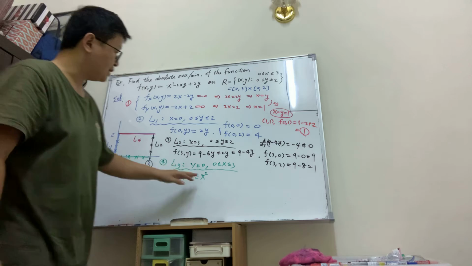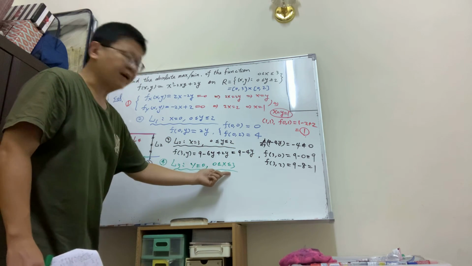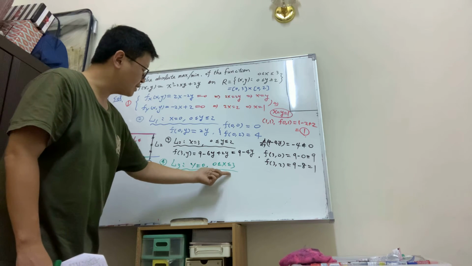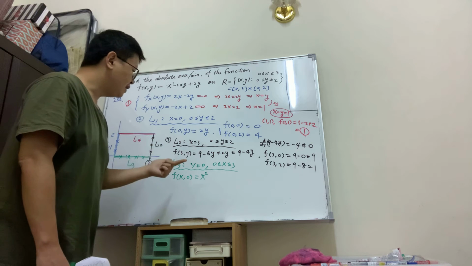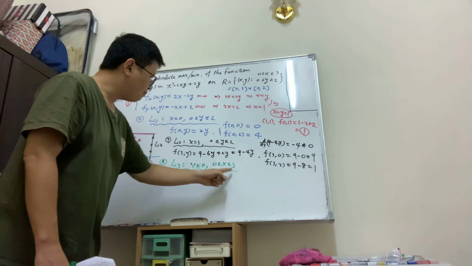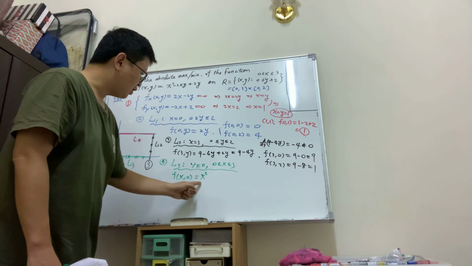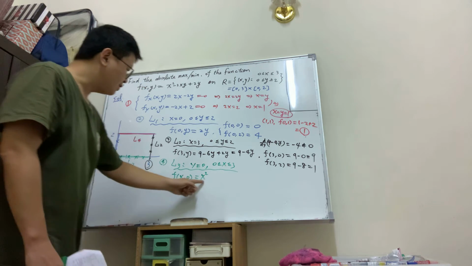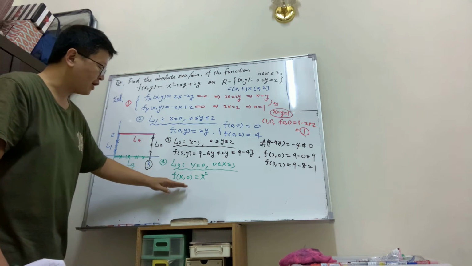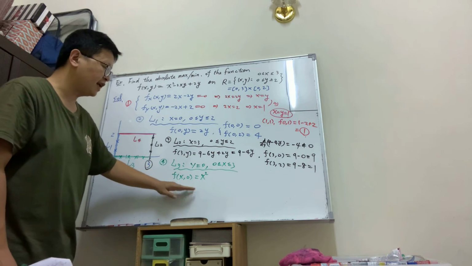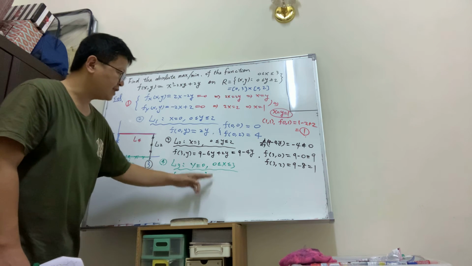It's easy to see. Otherwise, you could also explain it this way. It's a continuous function on a closed and bounded interval, so it must have an absolute maximum and an absolute minimum. And how to check it? Check the endpoints: let x be 0 and let x be 3. And you also need to check its critical numbers. You should consider its derivative, 2x, and let it be 0, then x equals 0.